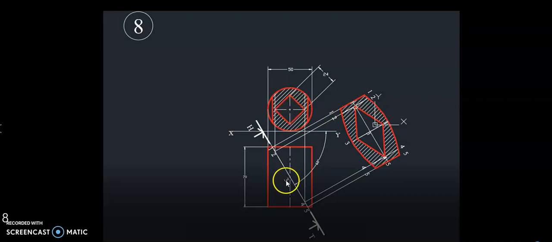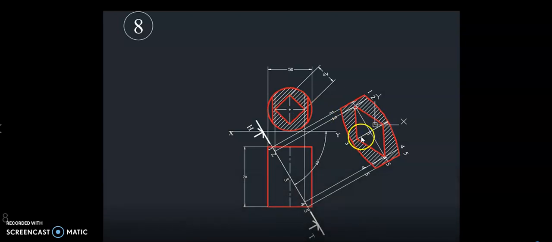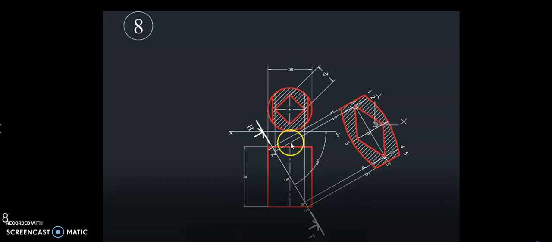Now coming to the third point, we have to draw a perpendicular that is not shown here. This perpendicular has to be drawn. Then taking this distance, we will mark this point, and same distance taking to this side, you will mark this point.